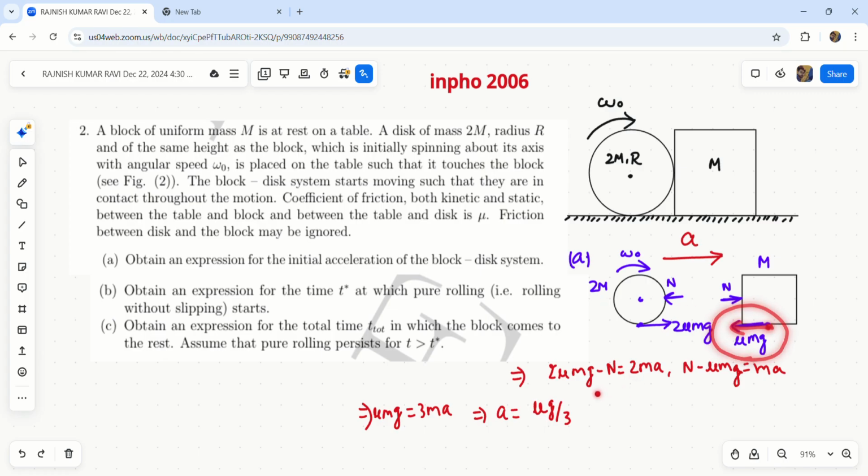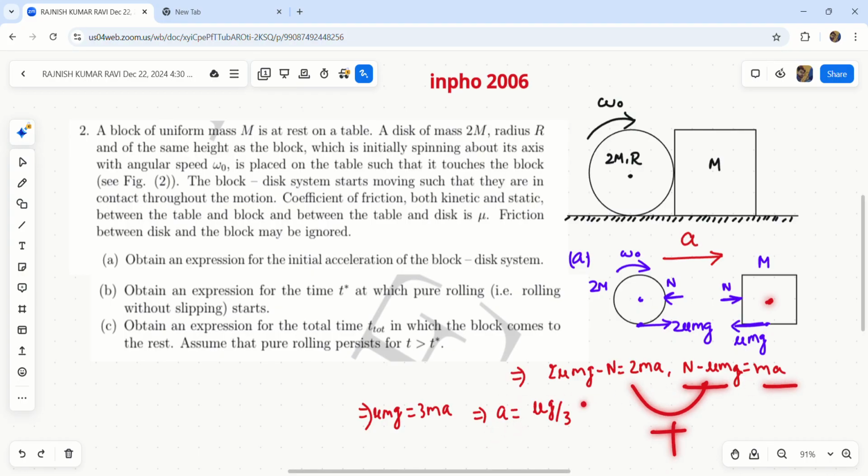So if we write the equation of motion, the net force on the disk will be mass times acceleration, as well as for the block, the net force will be mass times acceleration. If we add these two equations, the value of the acceleration will be mu g by 3. This is the answer to the first part of this problem.